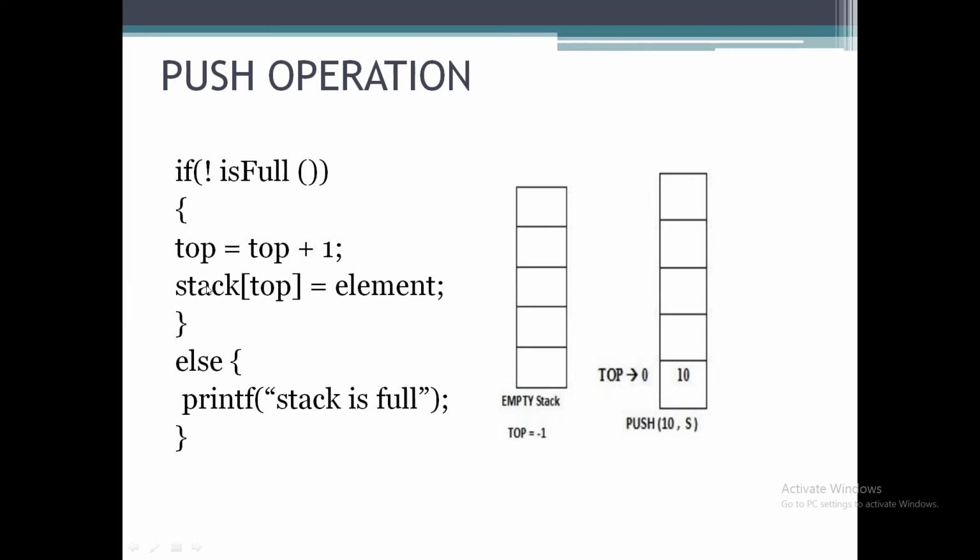And the next line is stack[top] = element. So this is top now. Stack[top] is the index where I'm going to insert my element 10. And if my stack is full, I'll be printing that stack is full or stack overflow. So this is how your push routine goes.